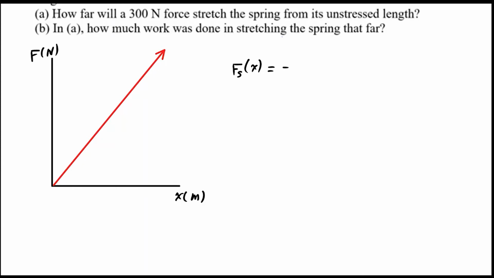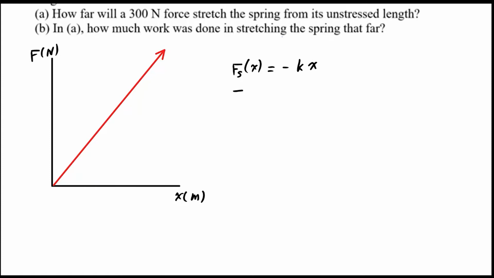This is typically what your physics class uses, so I'm going to be careful and use a subscript, negative kx. What that means is if you stretch it, the spring wants to pull it back. So it's the opposite direction. The force is in the opposite direction of your movement, your displacement. You get it? If you compress it, the spring will fight it and want to stretch now.